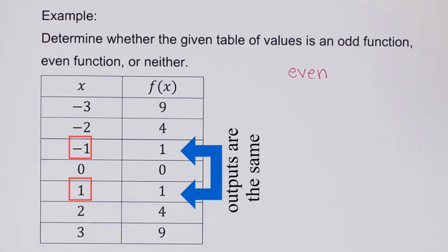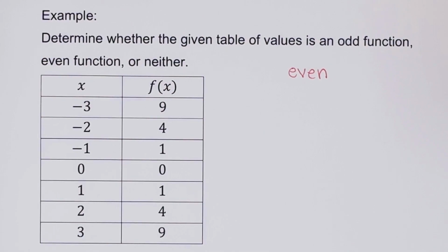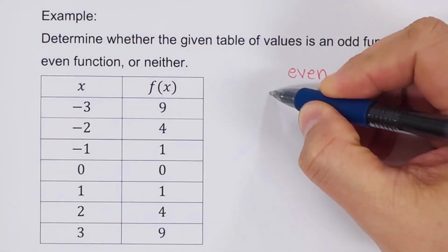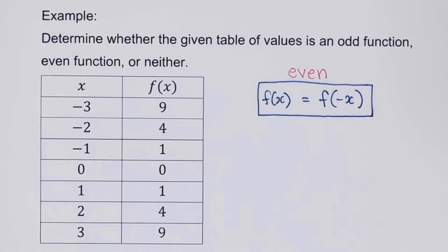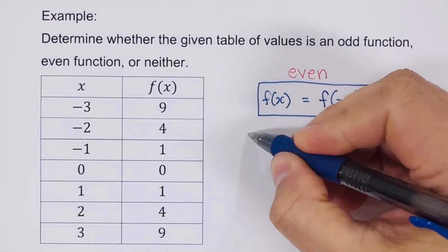This happens only if the values for the positive and the negative inputs have the same output. We can also check this using algebra. We remember that a function is even if f of x is equal to f of negative x. Now let's look at this table that we have up here.